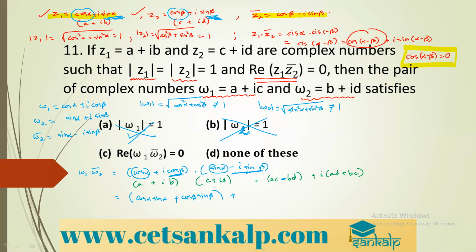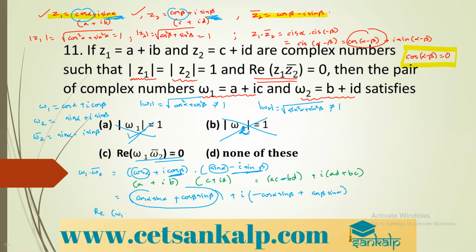Then plus i into AD. AD is minus cos alpha sin beta, plus BC. BC will be cos beta sin alpha. This is what I have. Now in the option, they are saying real part of W1 W2 bar is 0. Let us take the real part.